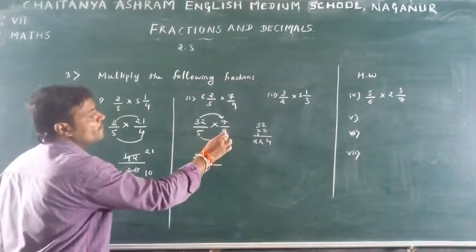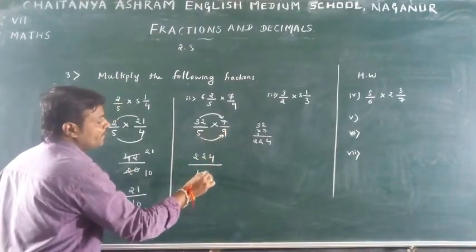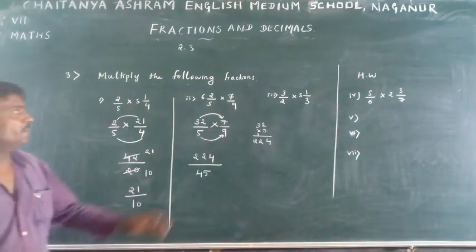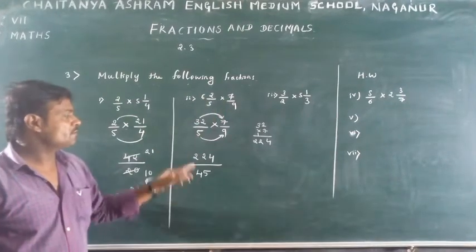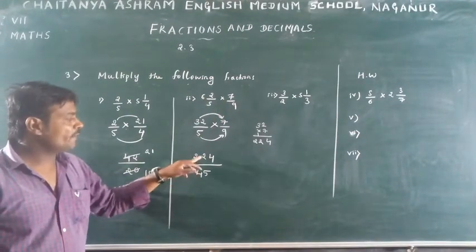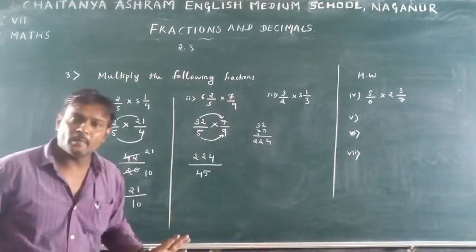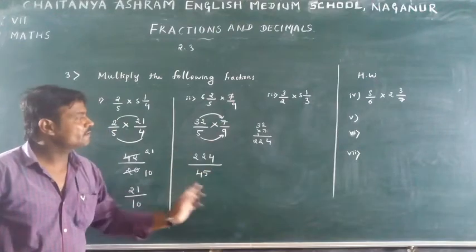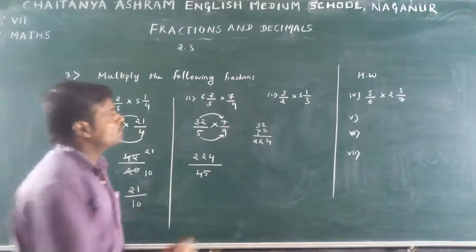Multiply denominator to denominator. 5 9s are 45. Okay, so now the product of these two fractions is 224 divided by 45. The numerator and denominator are not divisible by any common factor other than 1, so this is its lowest form.